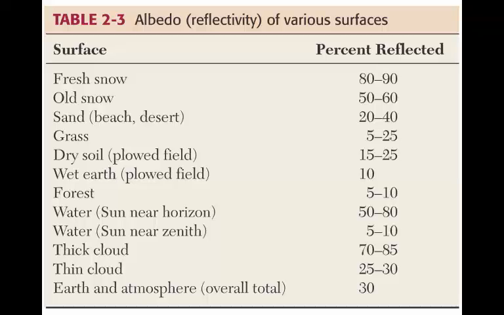Fresh snow is very white, so it's obviously going to be very reflective, and in fact it typically reflects 80 to 90% of the energy coming in. So we'd say that fresh snow has a high albedo.